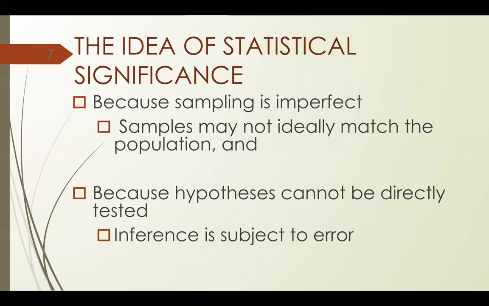That's why we always say a certain level of probability is okay, because the sample does not perfectly match the population.